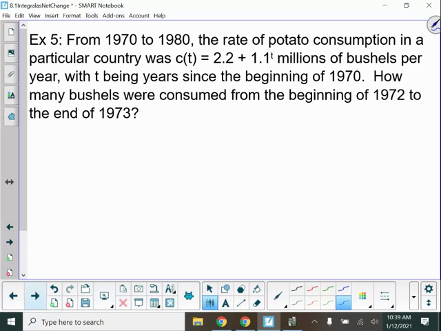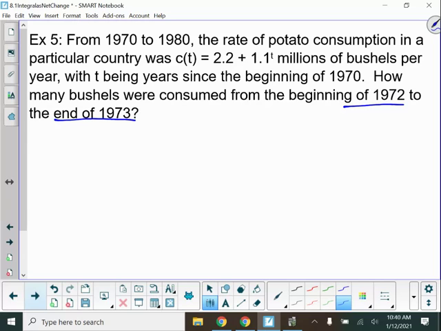So for this example, from 1970 to 1980, the rate of potato consumption in some country is the C of T equation. This is in millions of bushels per year, with T being the years since the beginning of 1970. We want to know how many bushels were consumed from the beginning of 1972 to the end of 1973.